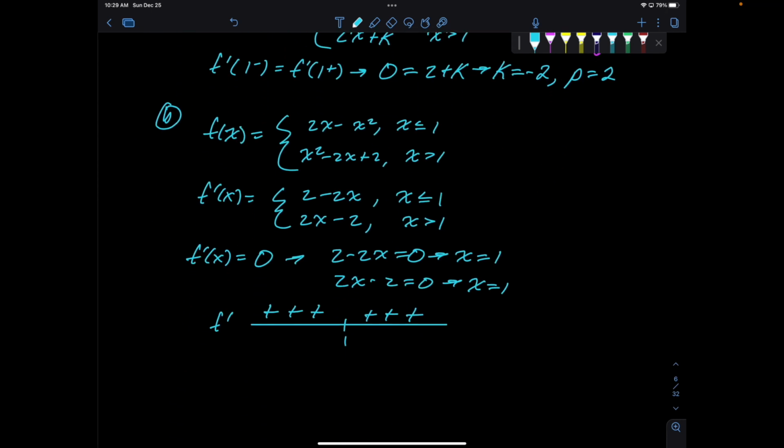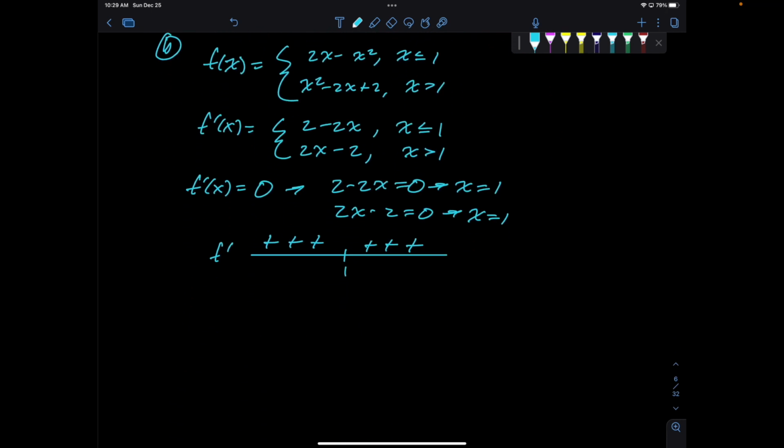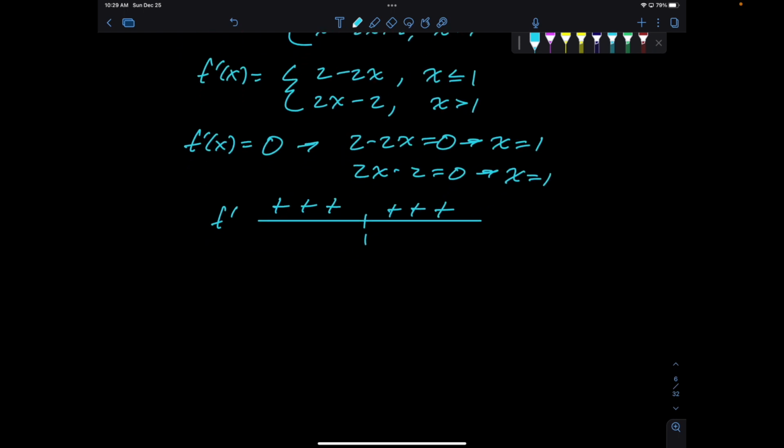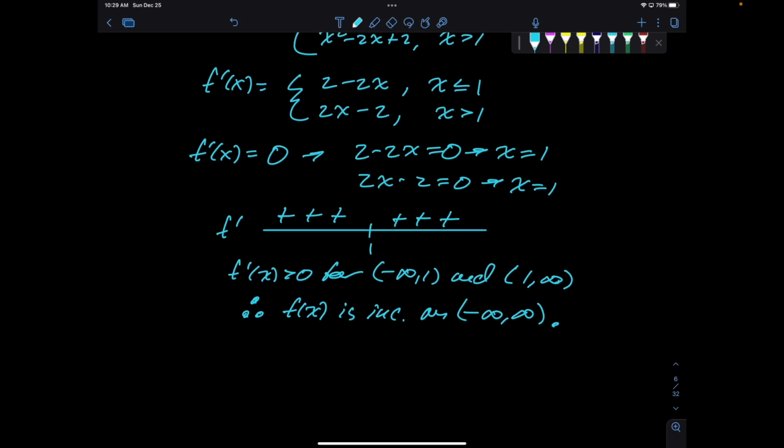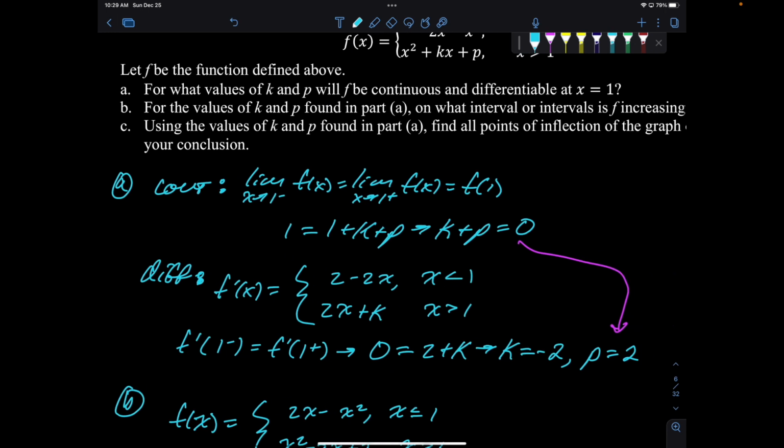On what intervals is f of x increasing? So, f prime of x is greater than 0 for negative infinity to 1, and 1 to infinity. Therefore, f of x is increasing on negative infinity to infinity, all x. All right. A little weird, or at least different.